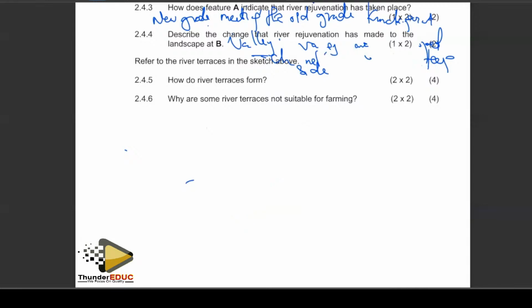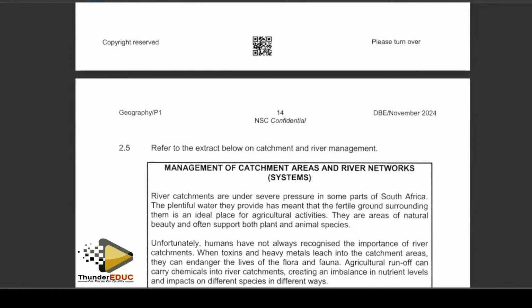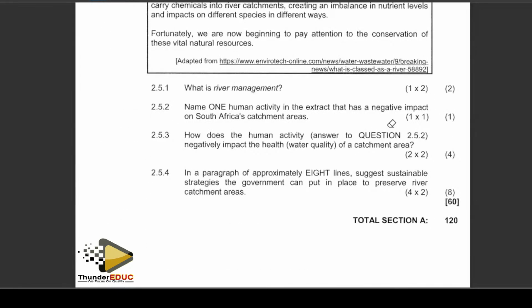And I always advise learners to maximize marks on that particular question. The question on river catchment and management is one of the very much easiest sections that learners must capitalize on and be able to score as high marks as is possible. A 15 out of 15 is basically possible to get.